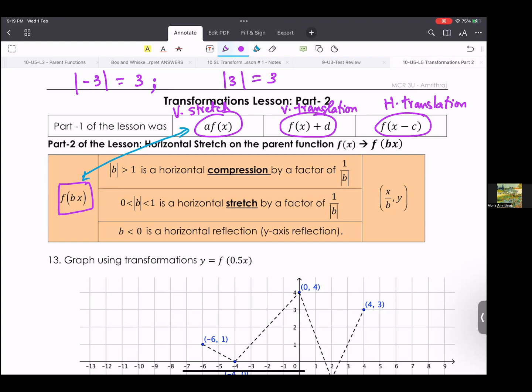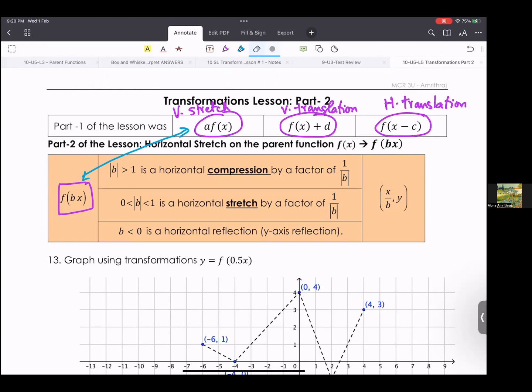And now we can see that here as well. If b is bigger than 1, say, for instance, if I had the absolute value of b is, say, 4 or 5 or 3 or whatever, any value that's bigger than 1, then you end up getting a compression and not a stretch, okay?